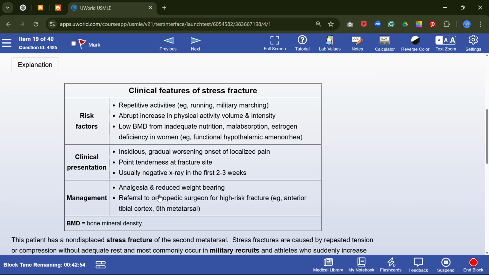Clinical presentation: insidious, gradual worsening onset of localized pain, point tenderness at the fracture site, usually negative X-ray in the first 2 to 3 weeks. Management: analgesia and reduced weight bearing, with referral to an orthopedic surgeon for high-risk fractures, such as the anterior tibial cortex and fifth metatarsal.